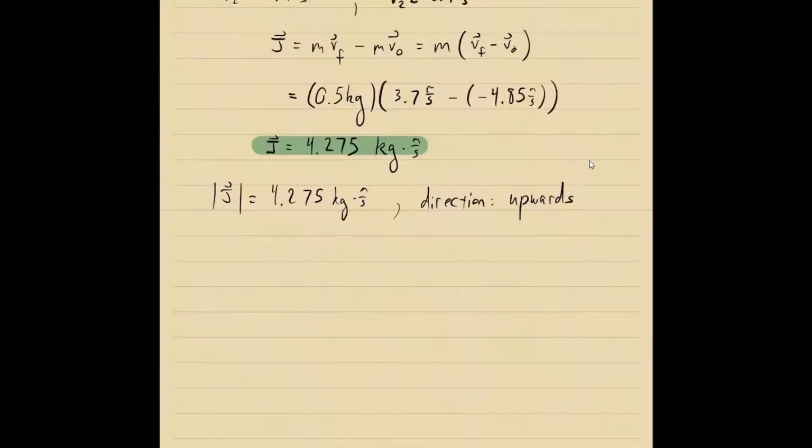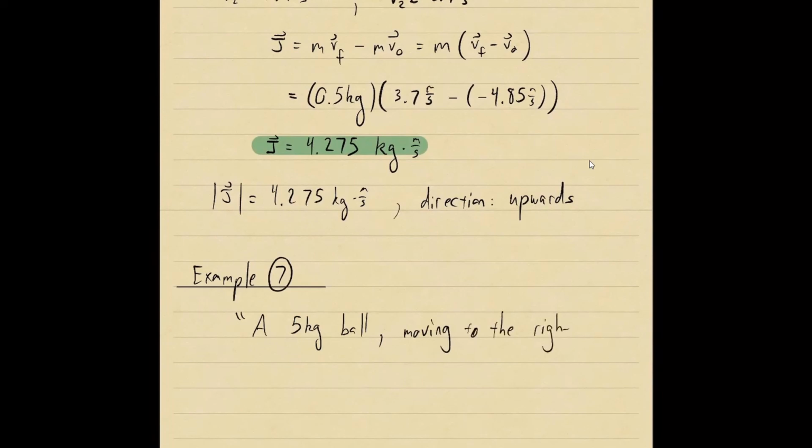So that's example 6. Now for our last problem of the day, let's look at example 7. Example 7 says that a 5 kilogram ball, moving to the right at a velocity of 2 meters per second on a frictionless table.